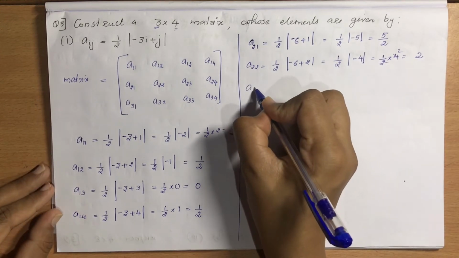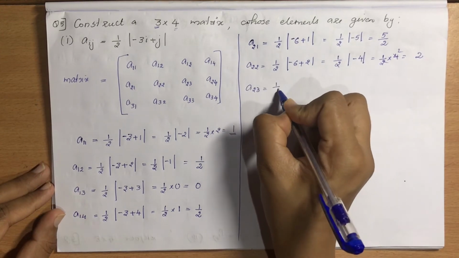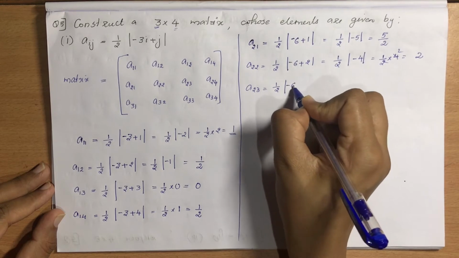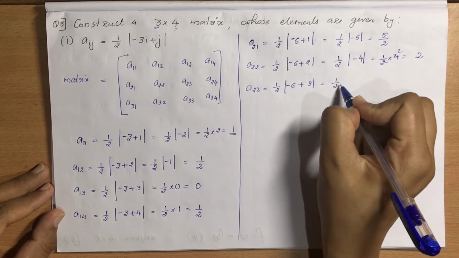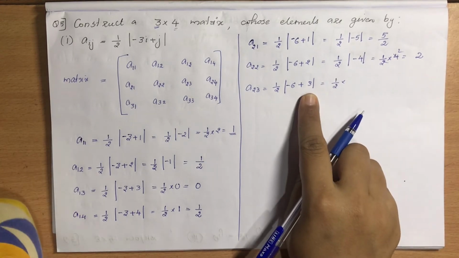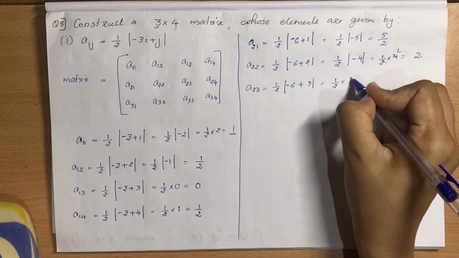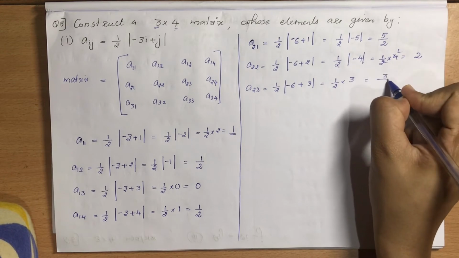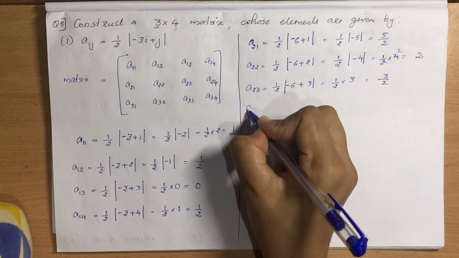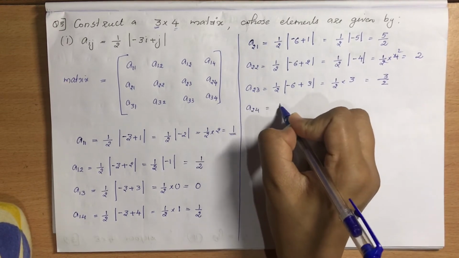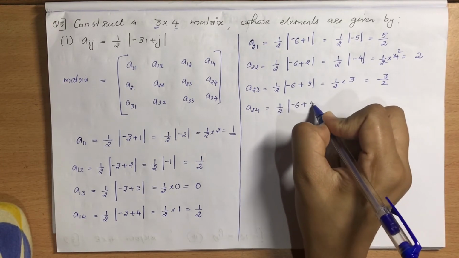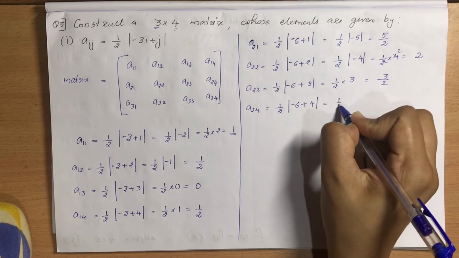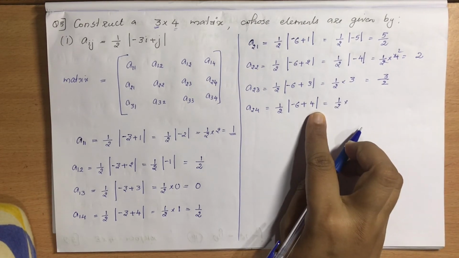So A23 equal to 1 by 2 mod minus 6 plus 3. So 1 by 2 into mod minus 6 plus 3 is minus 3. Mod minus 3 is 3. That means we will get 3 by 2. A24 equal to 1 by 2 mod minus 6 plus 4. 1 by 2 into mod minus 6 plus 4 is minus 2.